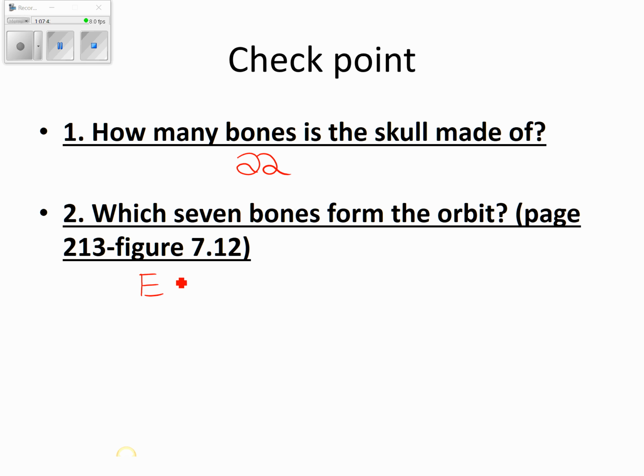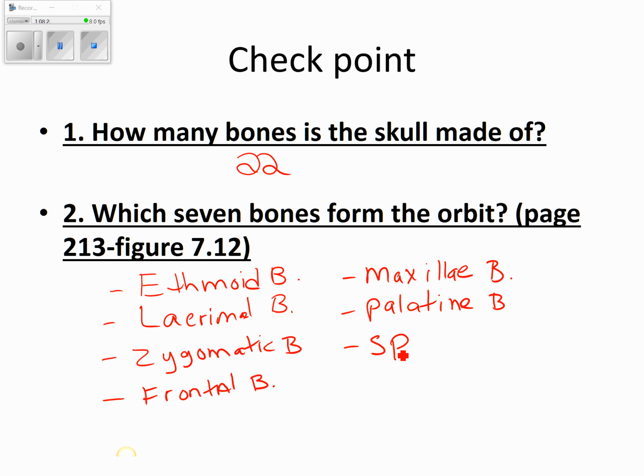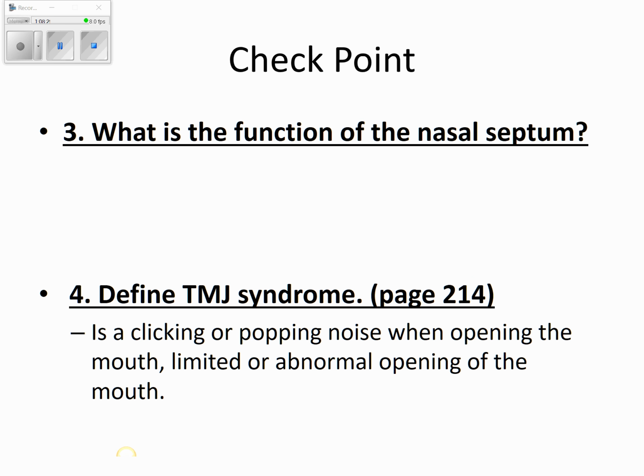This would be your ethmoid bone, your lacrimal bone, B for bone, zygomatic bone, your frontal bone, your maxillae bone, your palatine bone, and also your sphenoid bone. So those are the 7 bones that help to form the orbit.